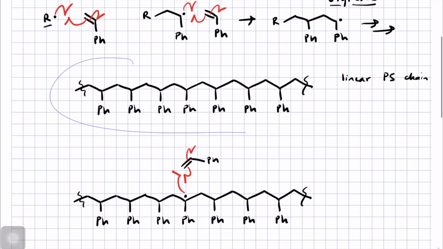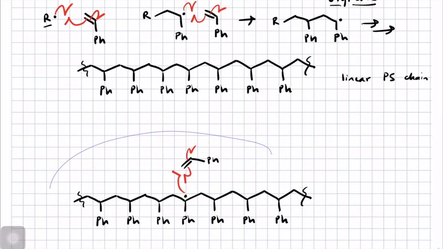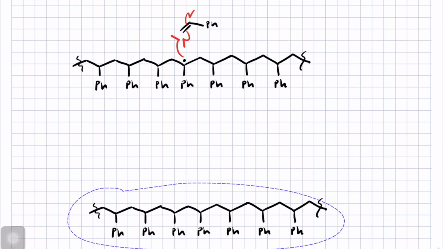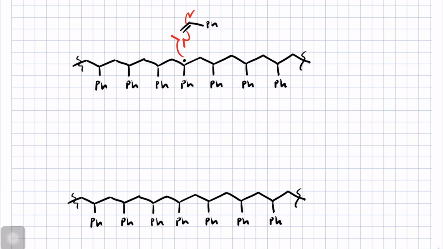We're kind of running out of space here, folks. I'm sorry. So here's an example. You'd make a new bond there. Here would be the new radical, and then additional molecules of styrene would get attached.